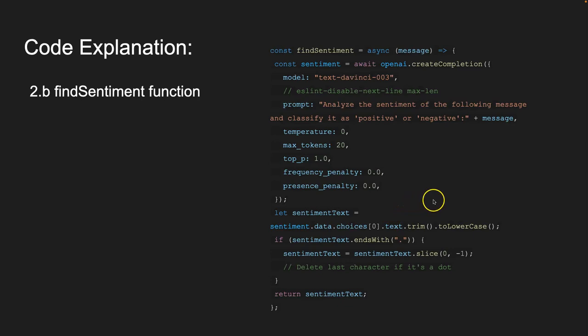It's important to highlight that in this function we need to pre-process the response a little because we need to be consistent when entering the if comparison. So we lowercase the whole result, and also delete the dot if there is one at the end.